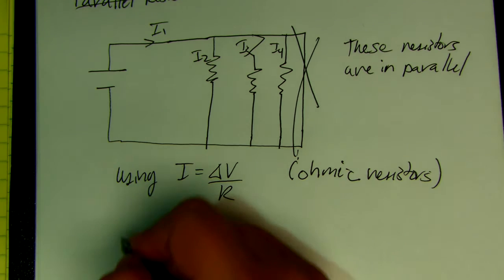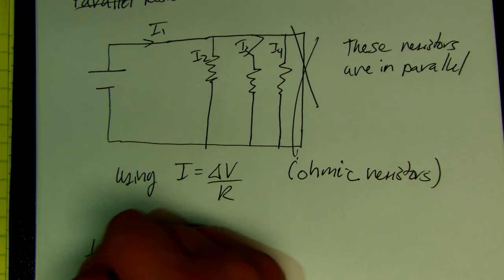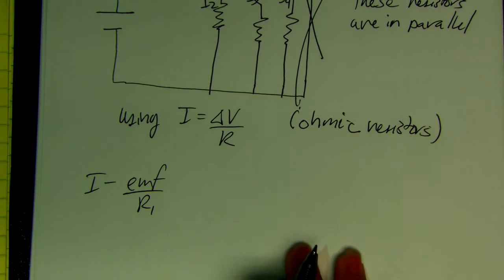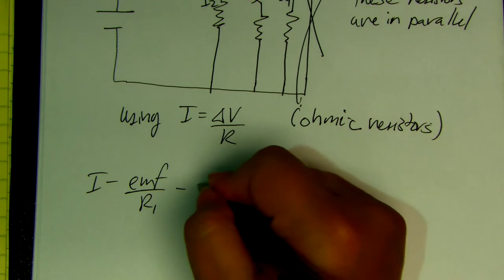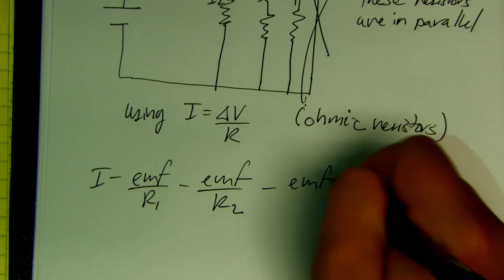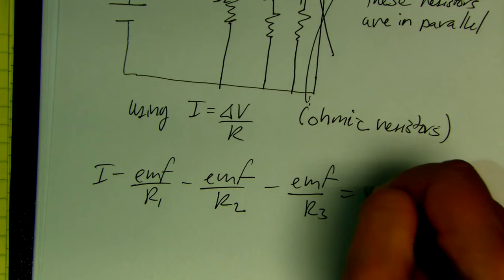Okay, so we can say that I minus EMF over R1 because there's going to be a drop there, minus EMF over R2, minus EMF over R3 is equal to 0.